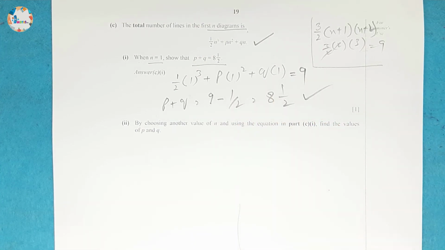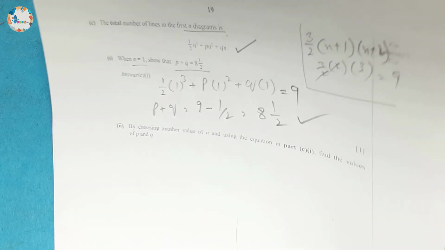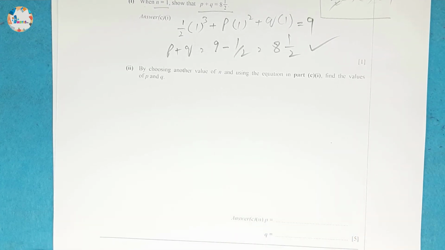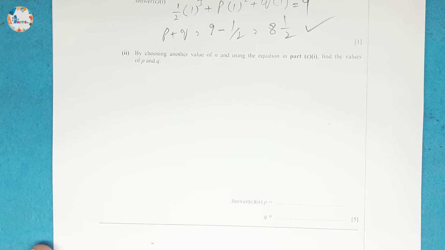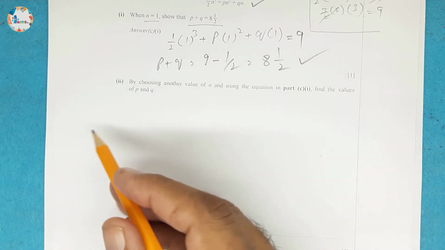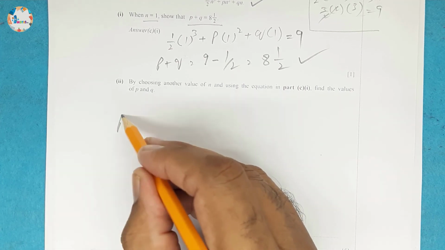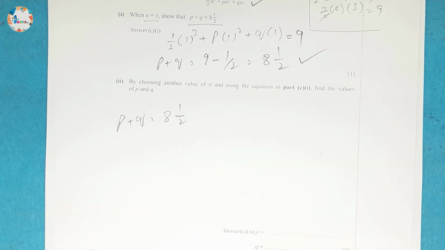This will be our required answer. So by showing another value of n and using the equation in part C1, find the values of p and q. Okay, so we got this one equation, which is p plus q is equal to 8 whole 1 by 2, or 8.5.